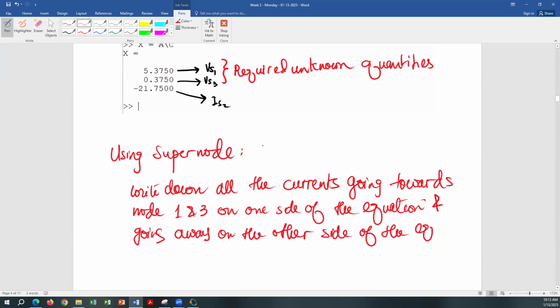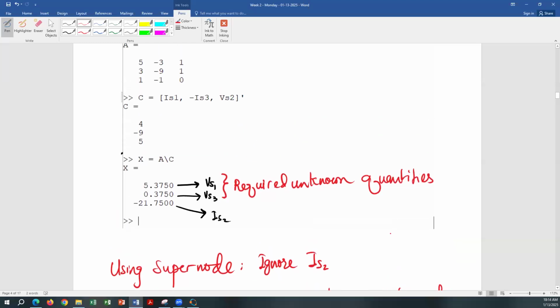So using supernode, first ignore Is2, basically. So this is what we are going to do.